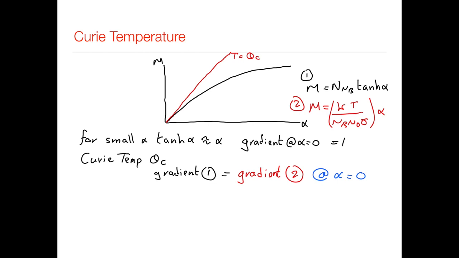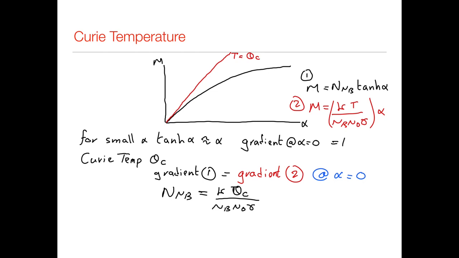The gradient of M in equation 1 is N times mu B. That's going to equal the gradient of equation 2, and that's just k theta C, because we're at the Curie temperature, over mu B mu naught gamma.